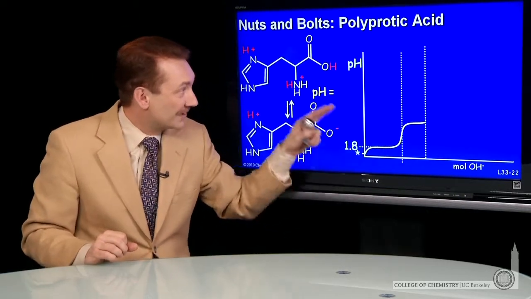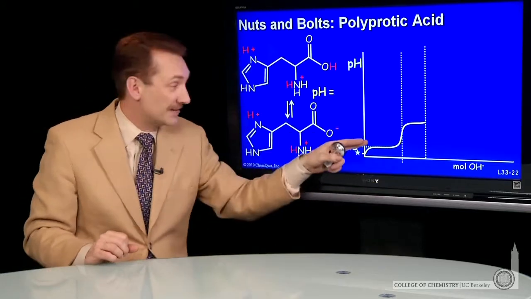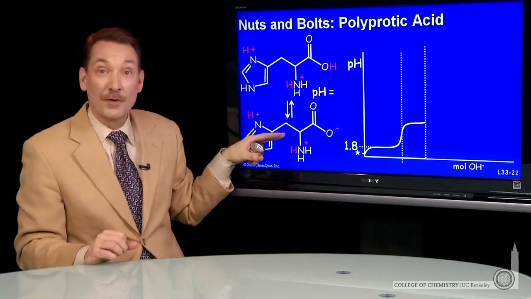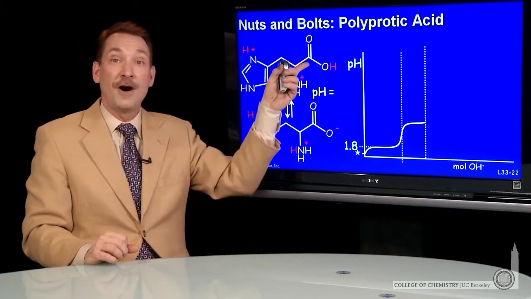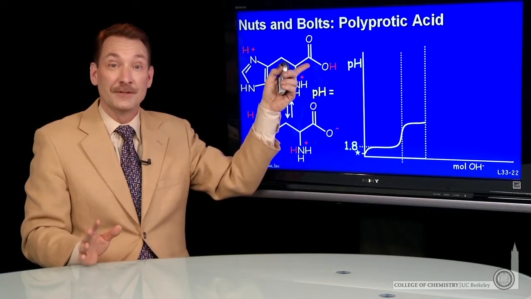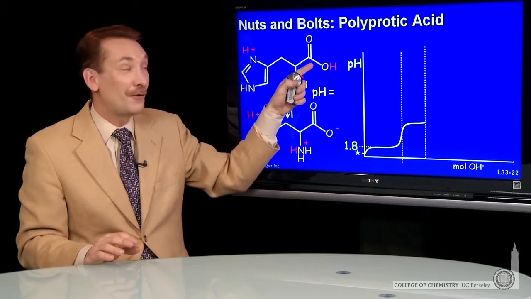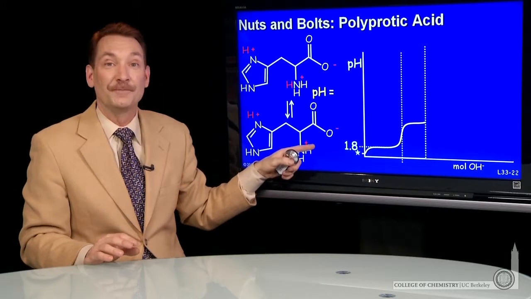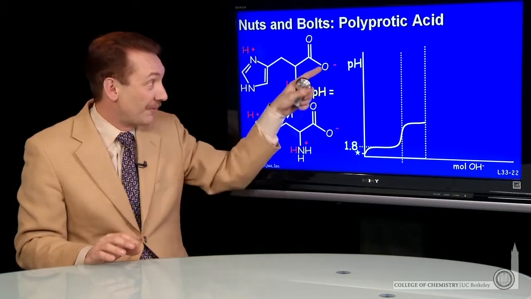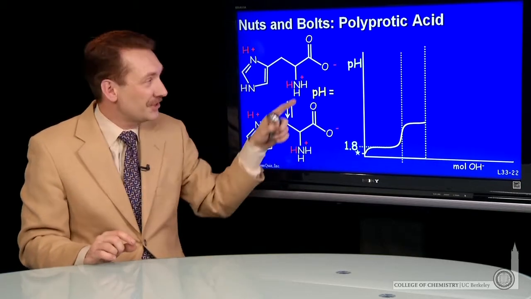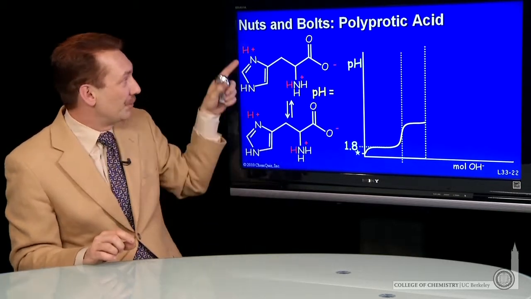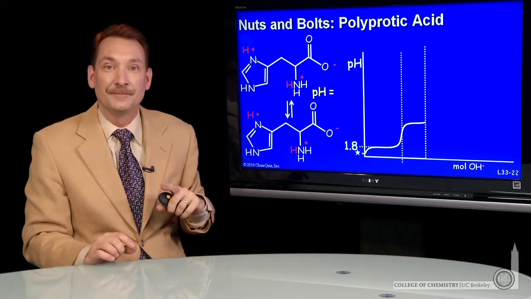Remember, at half equivalence, I have equal concentrations of these. As I keep adding base, I get more and more of the base form until all of the acid form is used up. So at this point, the first equivalence point, all of the acid form is converted into the base form. But notice it's only for this first titration, this first proton. These other 2 protons are still attached.